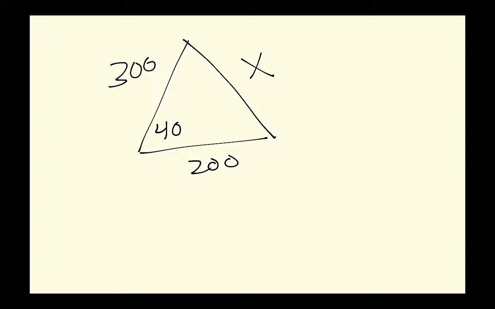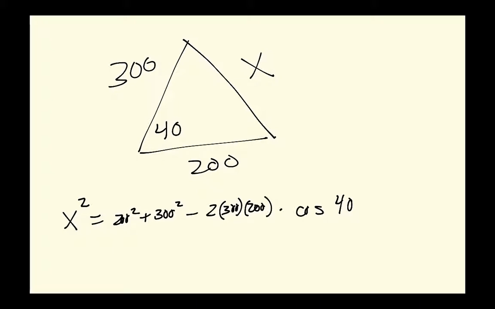Again, law of cosines works by saying the side squared should start the formula and the angle that it's across from should end the formula. So the cosine of 40 should end it. Everything else in the middle uses the 200 and the 300. So it's going to be 200 squared plus 300 squared minus 2 times 300 times 200 times the cosine of 40. So this is one where I get to just type it all in.